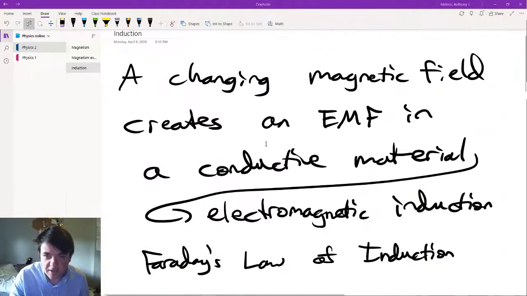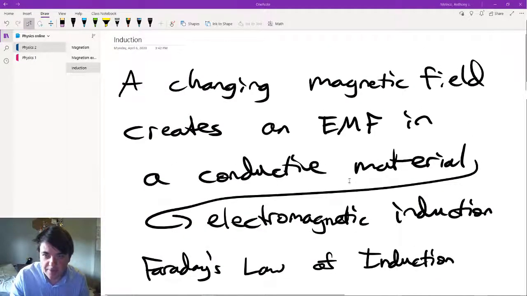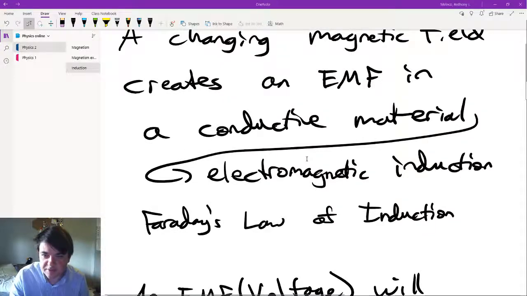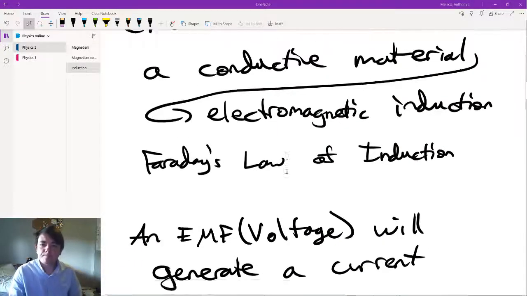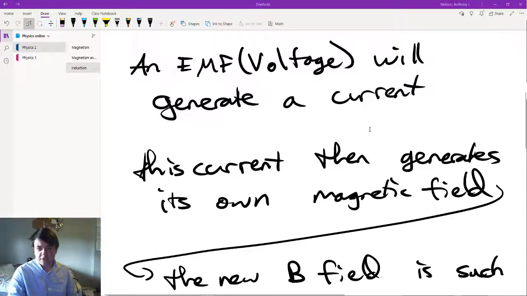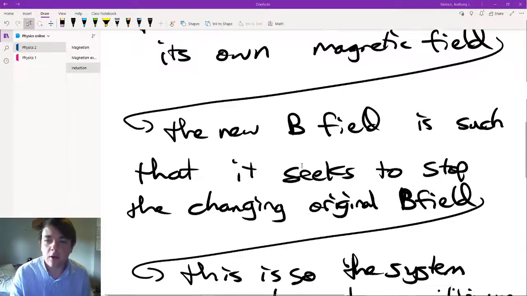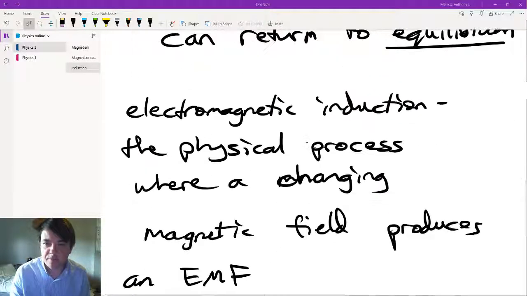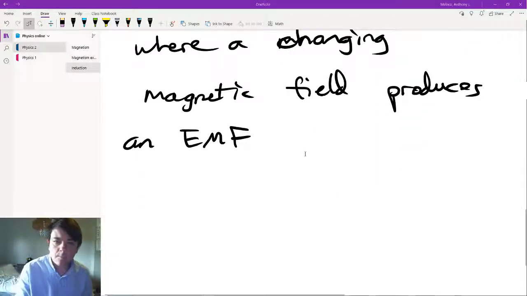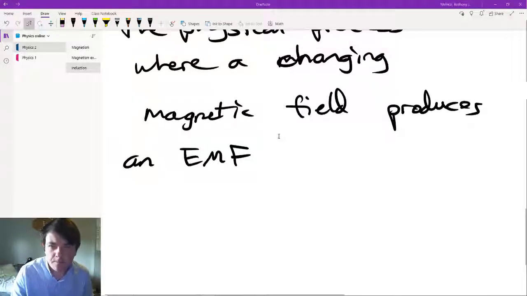And so, like I said, you've created an EMF in a conductive material, and that generates a current. That current generates its own field, and that new B field seeks to stop the original changing B field. The current's direction is known as Lenz's law.